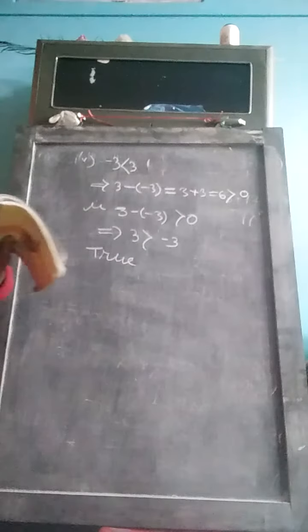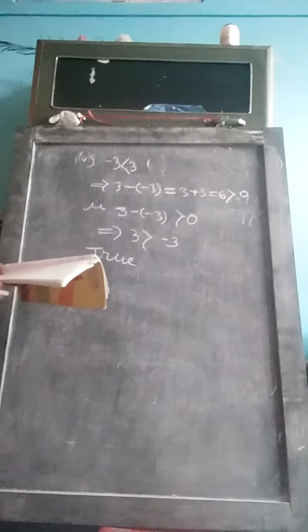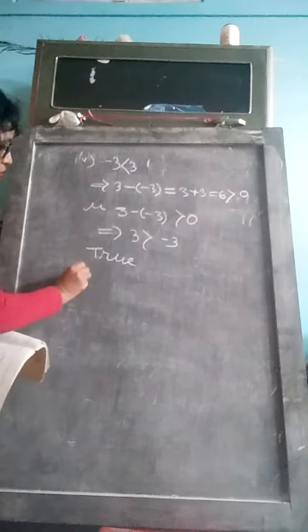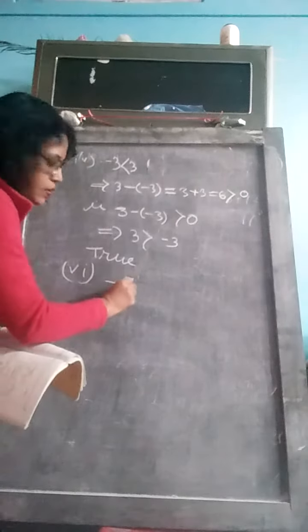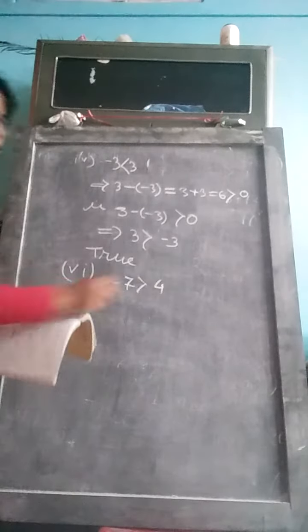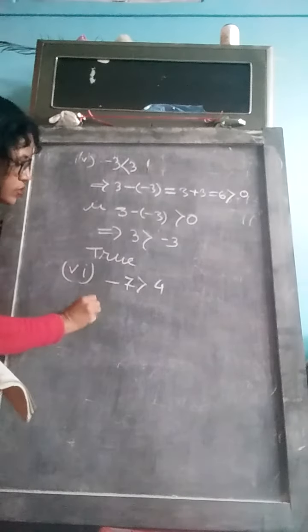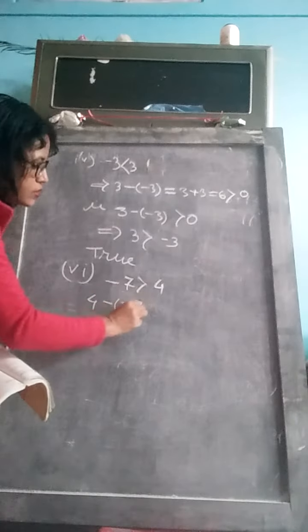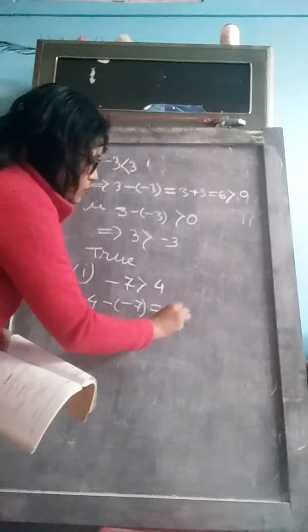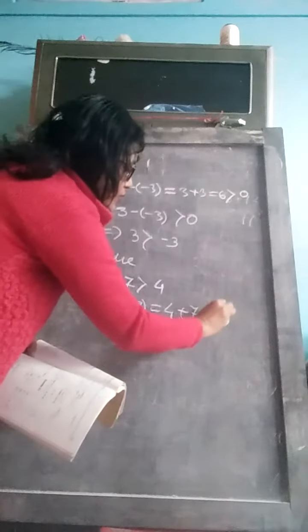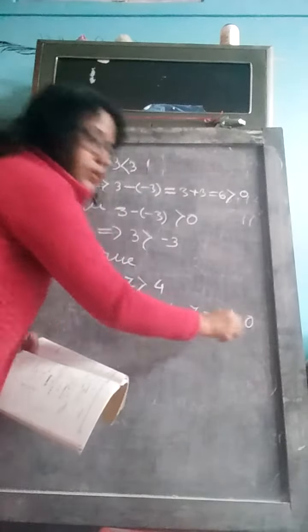Understand this clearly? Then question number 6. Minus 7 is greater than 4. Can you solve this? Now see, 4 minus minus 7 is equal to what? 4 plus 7 equals what? 11.